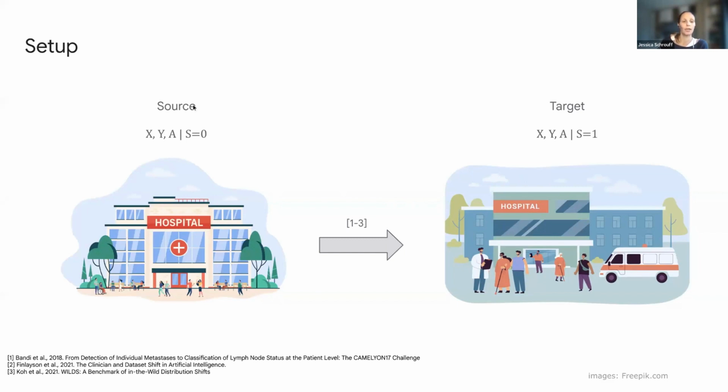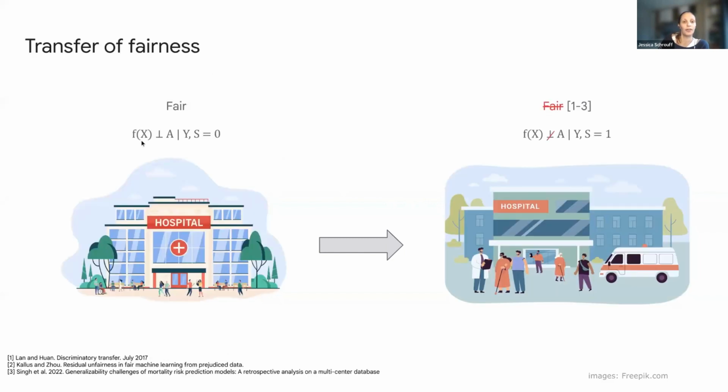Now, assume that you make your model fair during training. So you see that in your distribution, your model is fair, such that it satisfies this fairness criteria. There is, however, research that shows that these models that are fair in distribution will not be fair out of distribution.